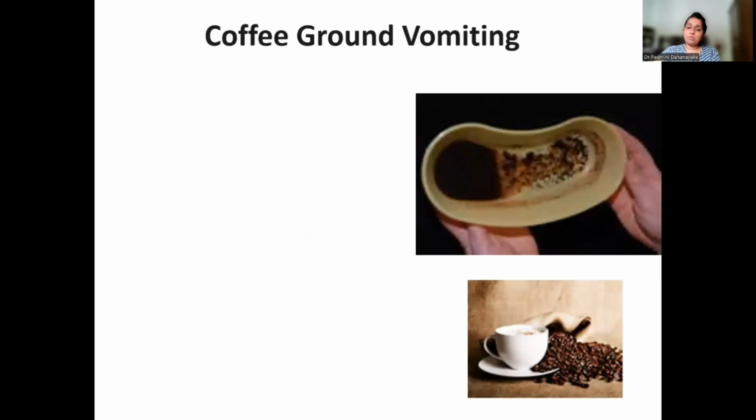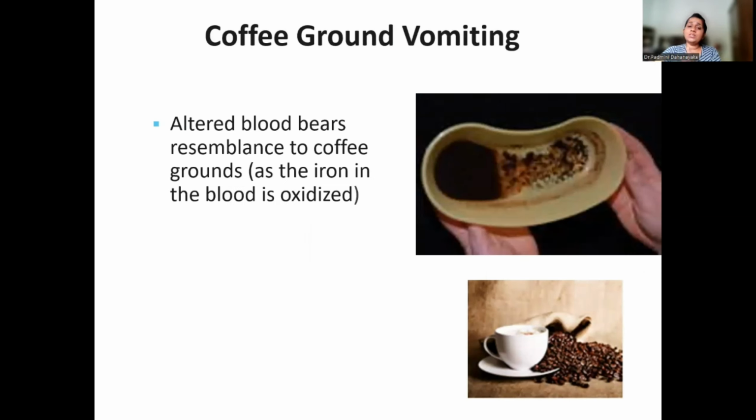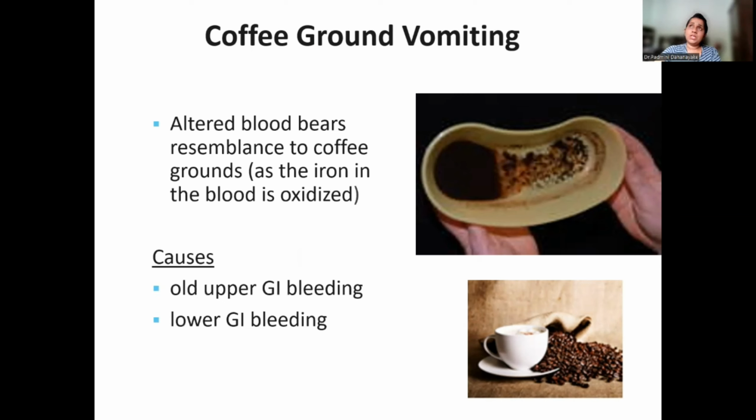And what is coffee ground vomiting? That is actually altered blood which resembles coffee grounds, because iron in the blood is oxidized, due to old upper GI bleeding, maybe, or else lower GI bleeding, which has to come through the stomach. That is known as coffee ground vomiting.